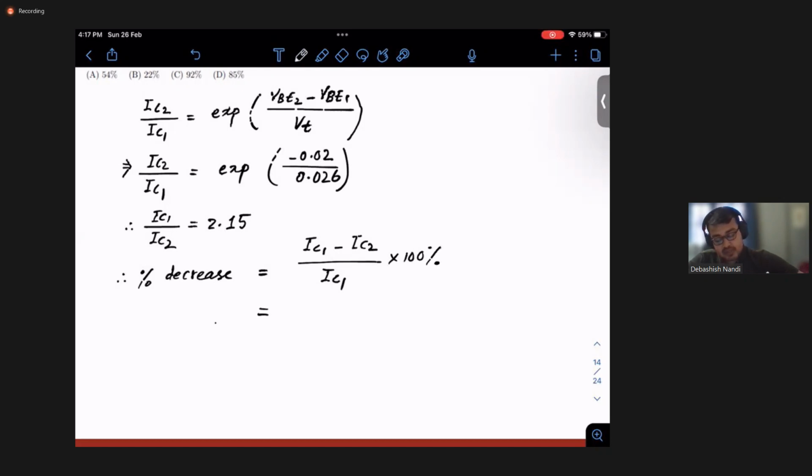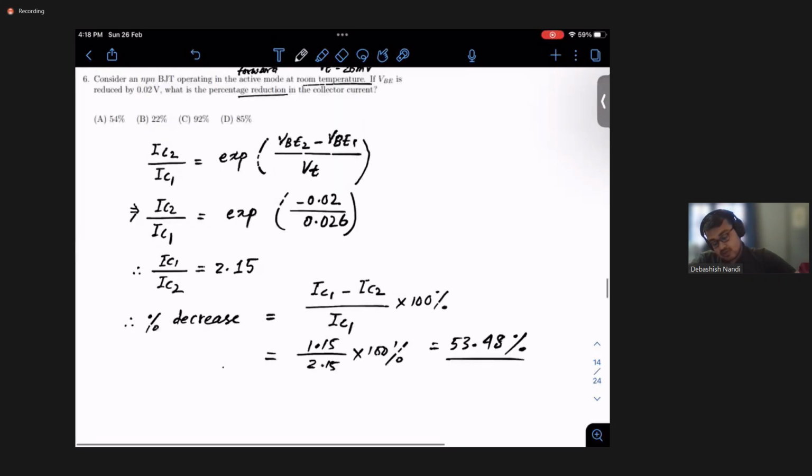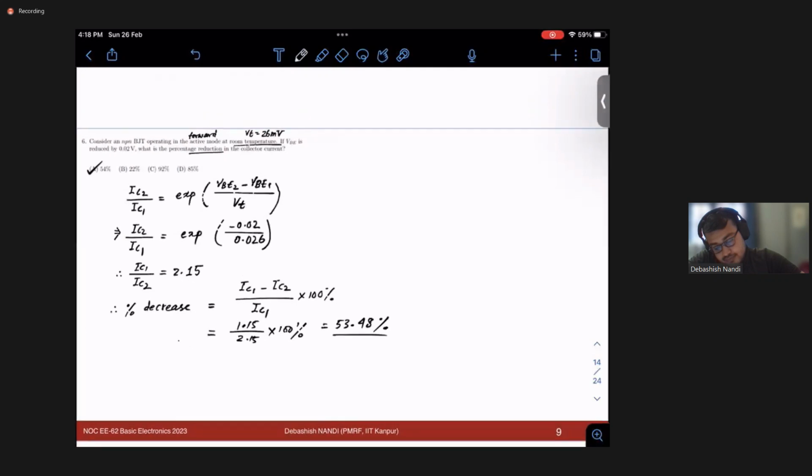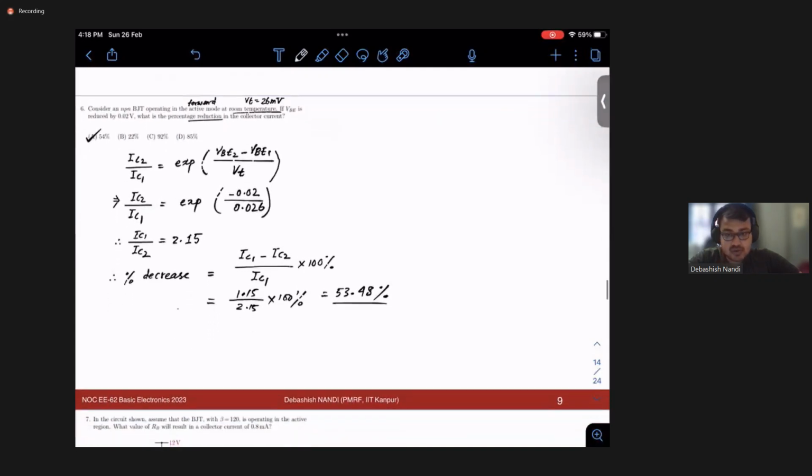That is nothing but 1.15 by 2.15 into 100%, which is coming out to be 53.48%, right? So yeah, your answer A is correct. Okay, this is quite simple.